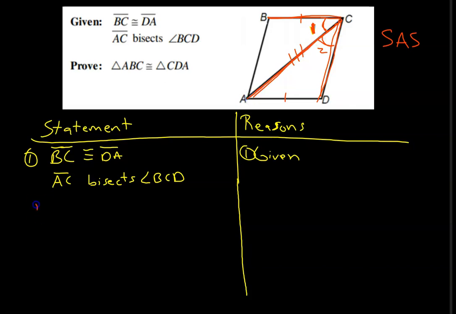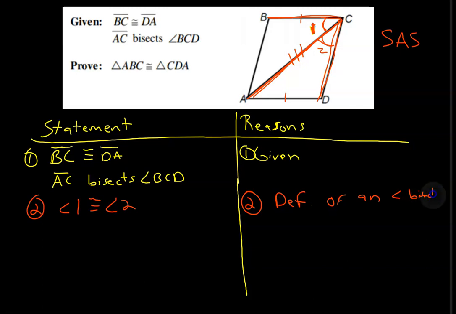So we can now say that angle 1 is congruent to angle 2. And the reason for that is definition of an angle bisector.